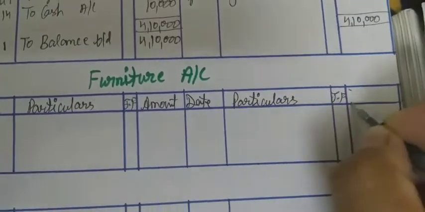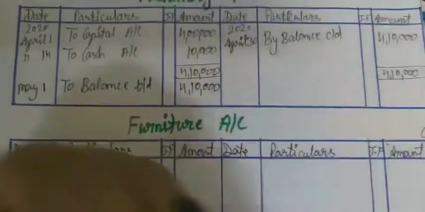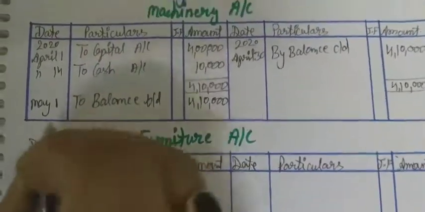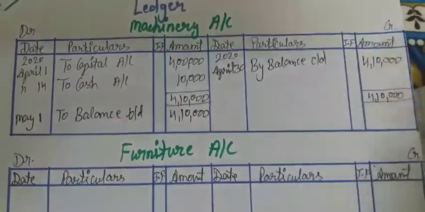This is the debit side and this is the credit side, with the same columns on each side.